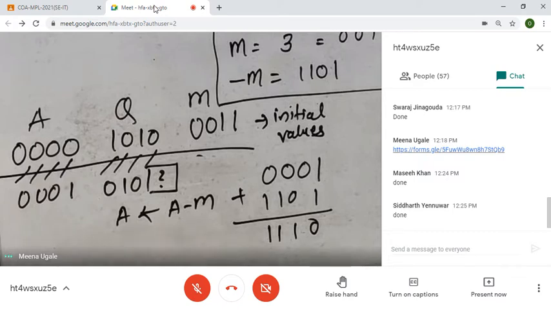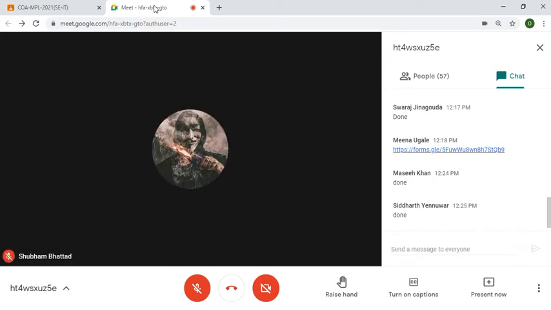Now this is whether A is greater than or equal to 0, indicating this 1 sign. So what should I write here? 1, 1, 1, 0, 0, 1, 0, and it should be 0. Correct.